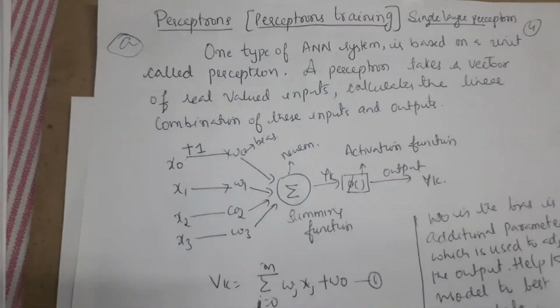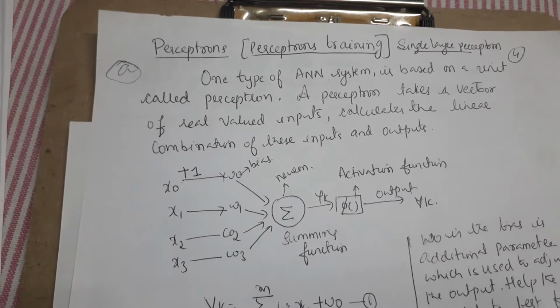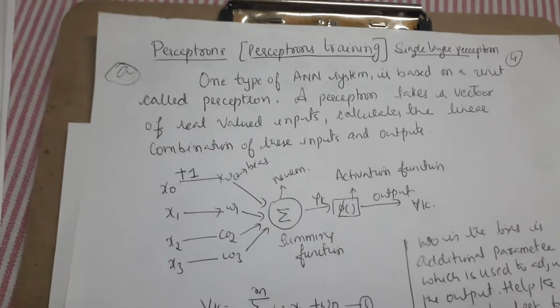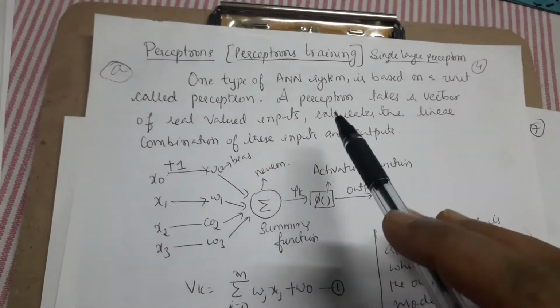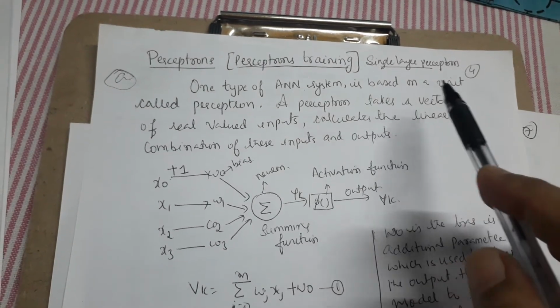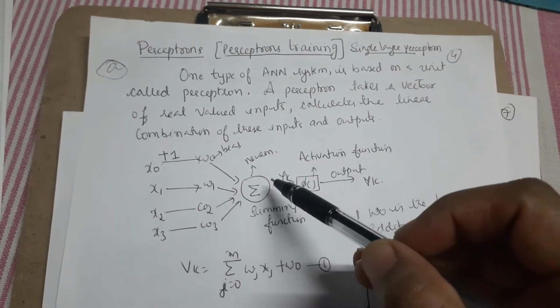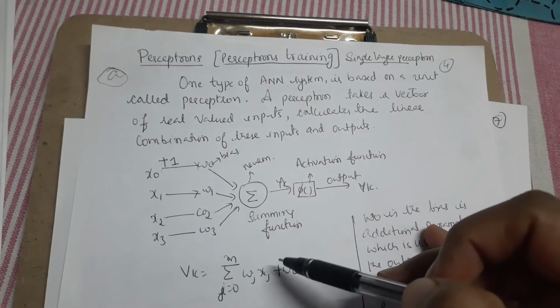So let us see how the training is done. We call it perceptron training, or single layer perceptron. One type of artificial neural network is based on a unit called a perceptron.